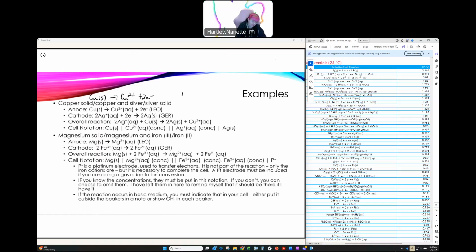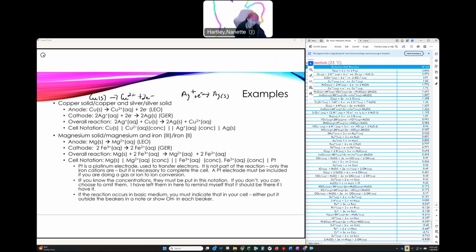And silver ion going to silver solid is a 1 electron process. So that's the half reaction for that. Remember, with the half reactions, we don't necessarily think about how many electrons I need in the total. So those are the 2 half reactions.